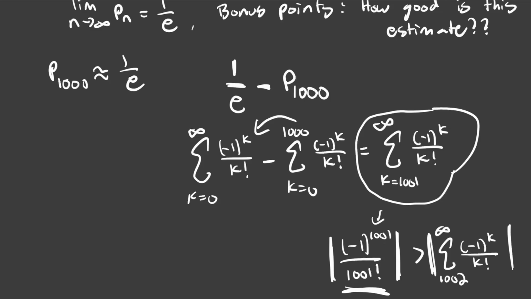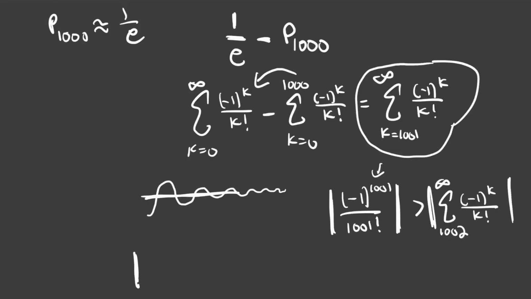And because it's an alternating series, if we take our true value right here, our alternating series will be approximating it like this. It'll get smaller every single time, and it'll kind of approach the true value while going up and down. So all that just to say that the magnitude of our remainder here, right, the difference between our expected and our actual value, is going to be less than the magnitude of 1 over 1001 factorial. Sorry if the explanation was a little convoluted, that's more calculus, and I'll probably make a calculus series again.